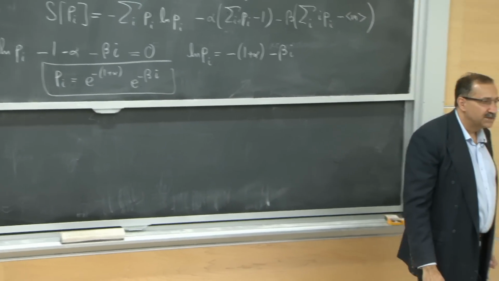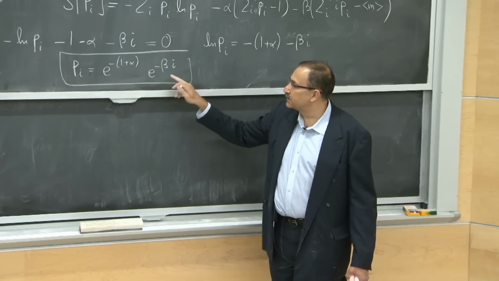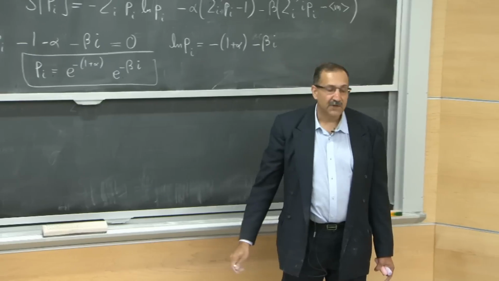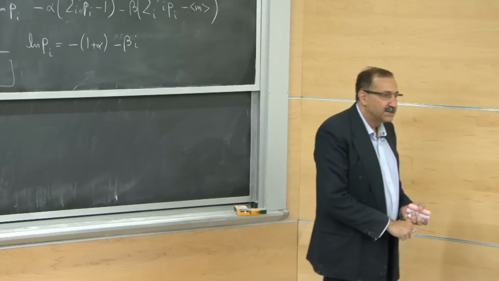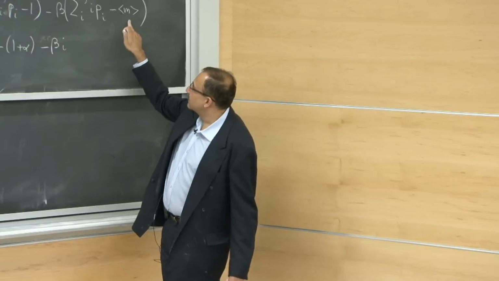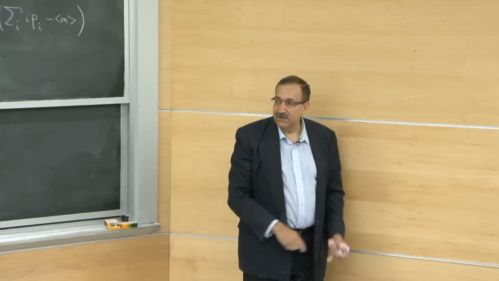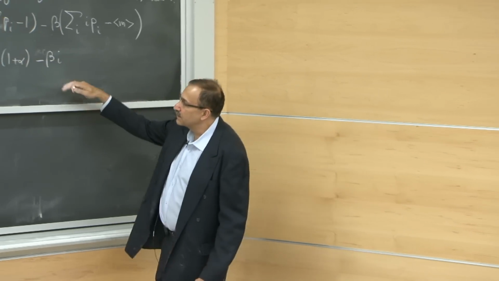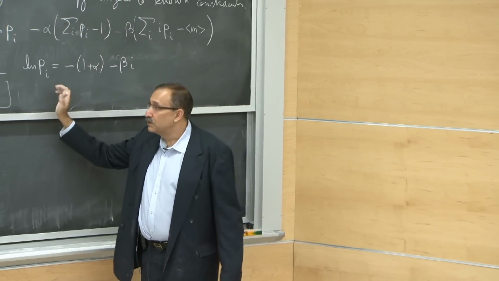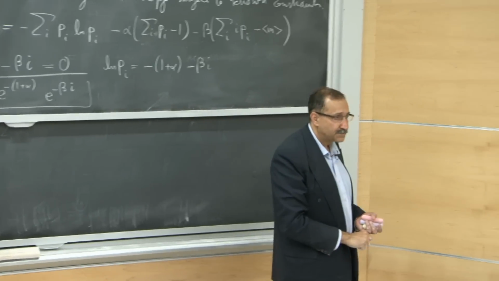Now, I haven't completed the story. I really have to solve the equations in terms of alpha and beta that would give me the final result in terms of the expectation value of i as well as some other quantities. But this is the procedure that you would normally use to give you the unbiased assignment of probability.